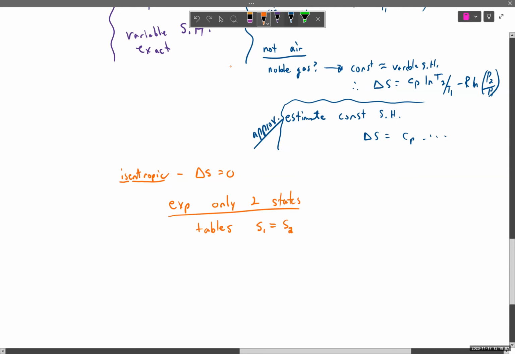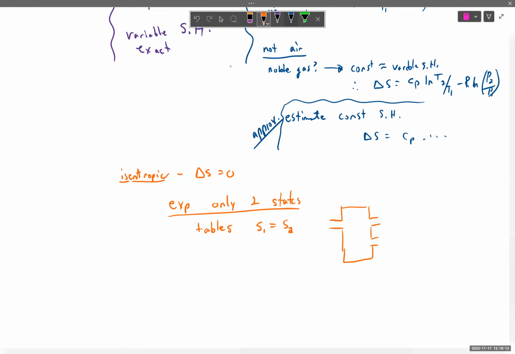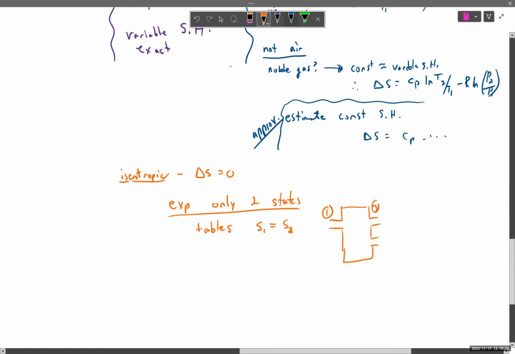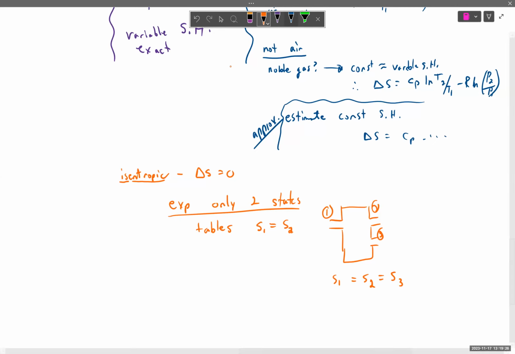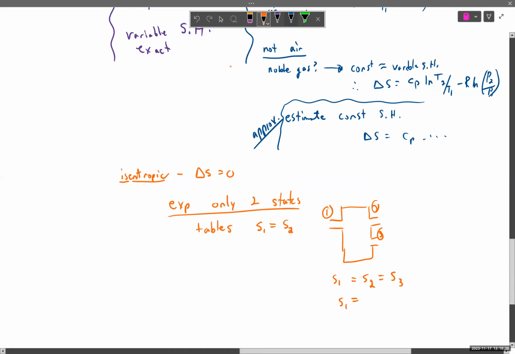And just remember, if I have a device that has multiple outlets, for example, and it's an isentropic device, the entropy here is equal to the entropy at the end. It is not this. Don't do that. That would assume entropy is conserved. It's not true.